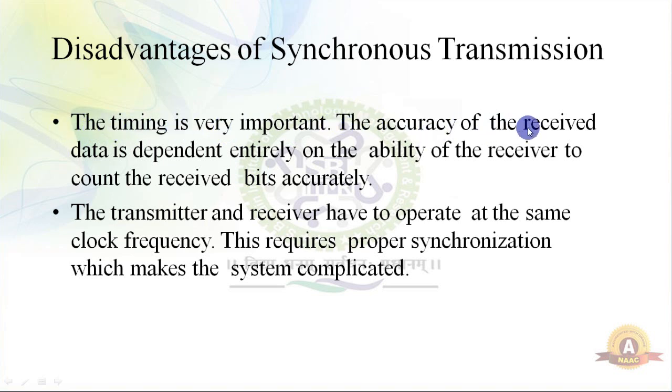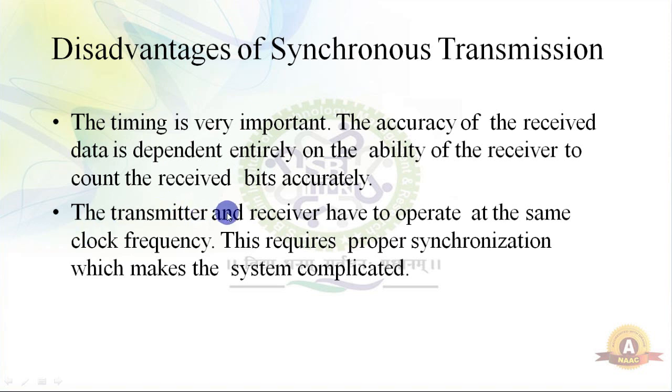The accuracy of the received data is dependent on the ability of the receiver to count the received bits accurately. This totally depends on the countability of the receiver who receives that data.